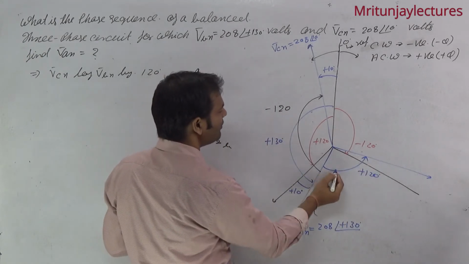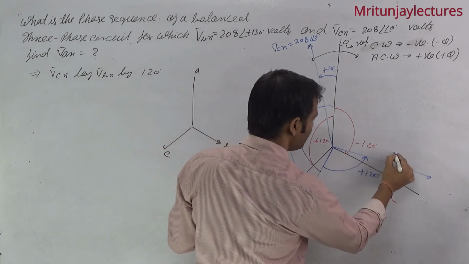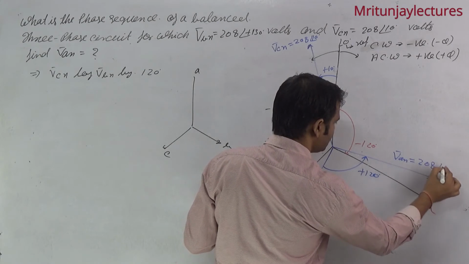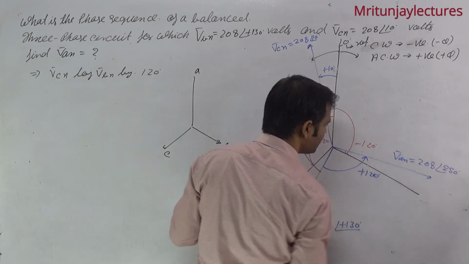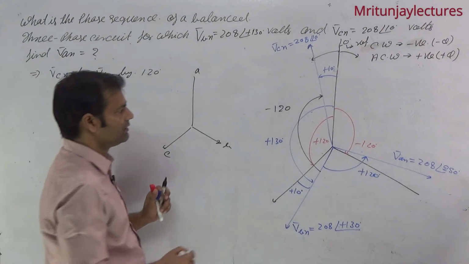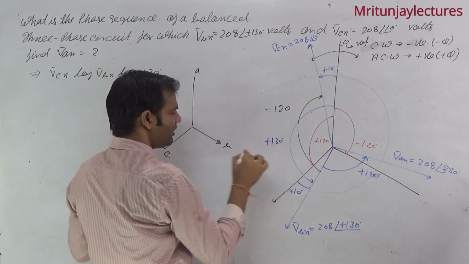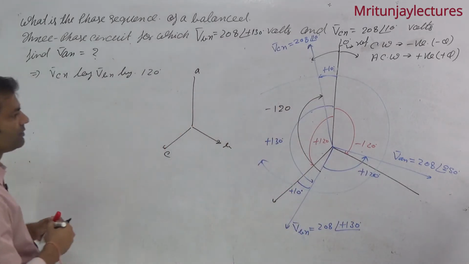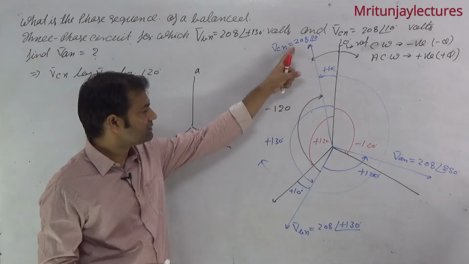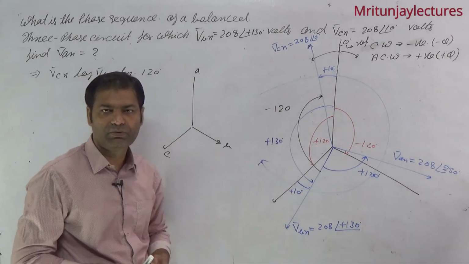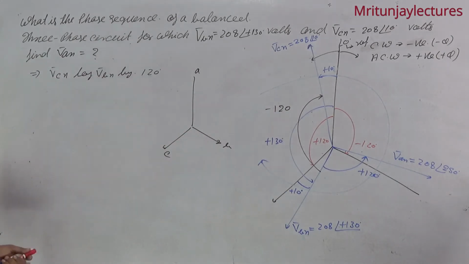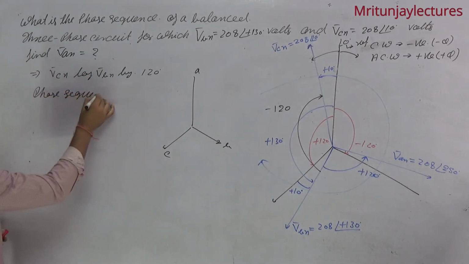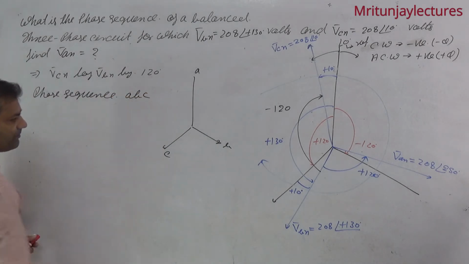So 120 plus 130 gives VAN, which is equal to 208 at the angle 250. I know how to check the phase sequence: if C lags B by 120, then it is ABC sequence. So the phase sequence is ABC. Clear?